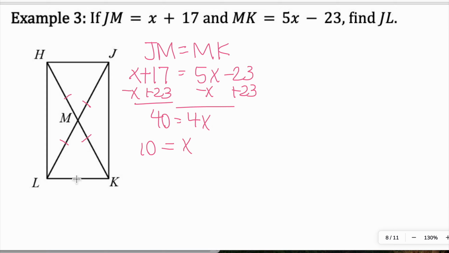So to find JL, I would maybe plug in JM plus JM, or 2x plus 34.